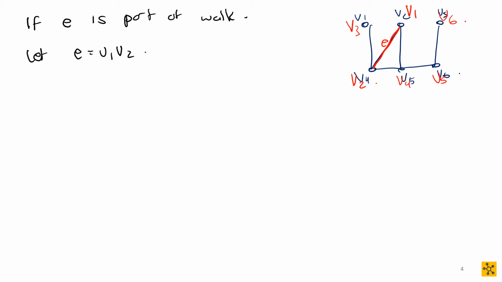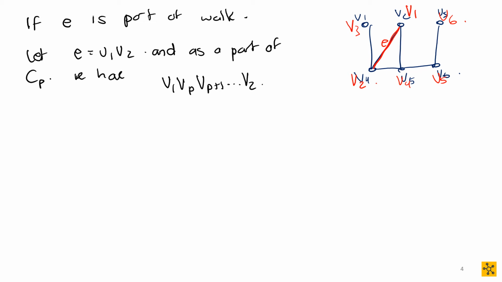And let's go back to the color black. As a part of CP. In other words, we have V1, then it goes, V1 goes to some VP, it doesn't really make a difference, VP, VP plus 1, etc. to V2.